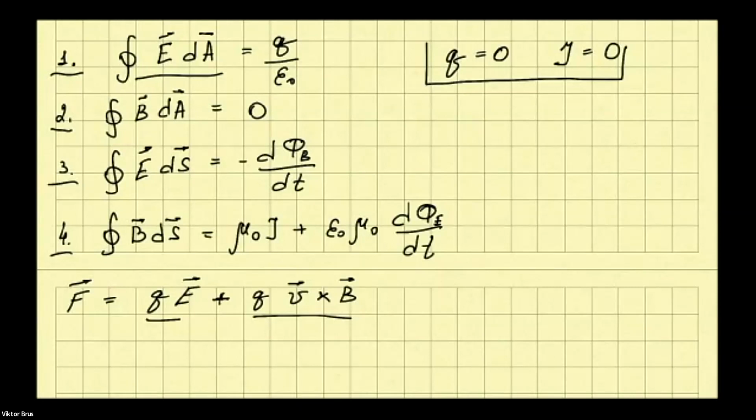Based on this, we will show that the speed of an electromagnetic wave is equal to the speed of light, which was experimentally measured. That is a very important statement, because it shows fundamental evidence that light is a form of electromagnetic radiation.